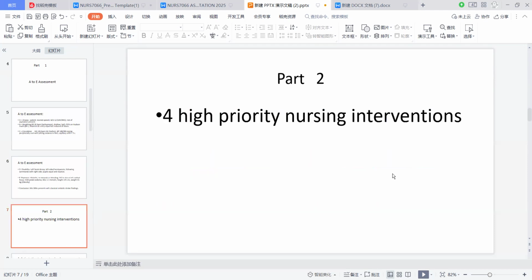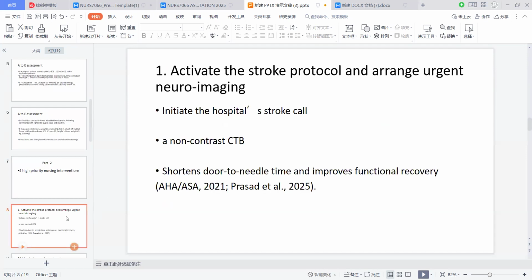In the second part, I will mainly talk about four high-priority nursing interventions. The first one is that we should activate the stroke protocol and arrange urgent neuroimaging. The nurse should immediately initiate the hospital stroke call and record the last known well time, and coordinate a non-contrast CT scan to exclude hemorrhage.